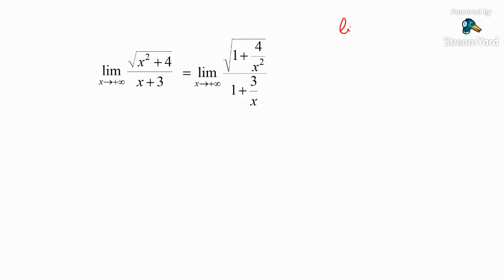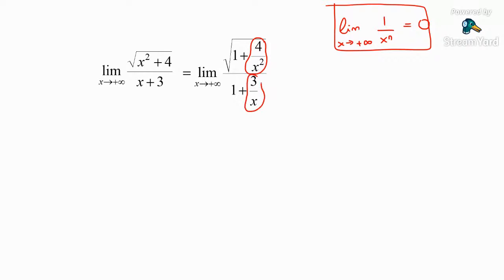And then, of course, we are using the limit for x approaches positive infinity of 1 over x to the power of n. So this is simply equal to 0. So that will mean 4 over x squared is equal to 0. 3 over x, this is also equal to 0. So we are going to get a set of 0 over 1. So this is definitely equal to 0.